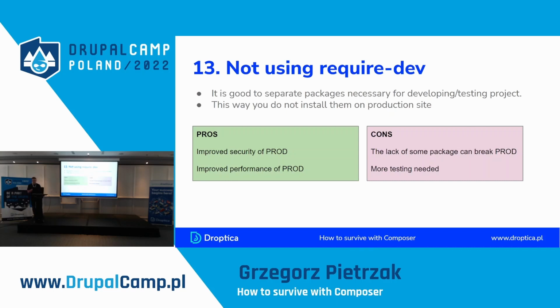This improves your security because, for example, in Drupal you may not want the devel module on your production, because if somebody enables it, then they may run PHP code on your server in Drupal 7, for example, and this is a security threat. You also improve performance if you use require-dev, because your autoload is smaller.